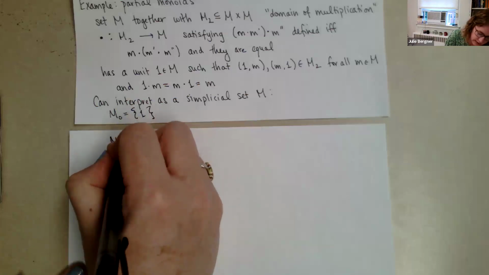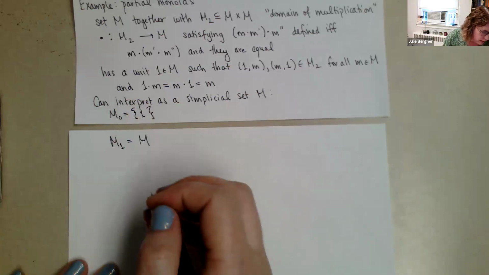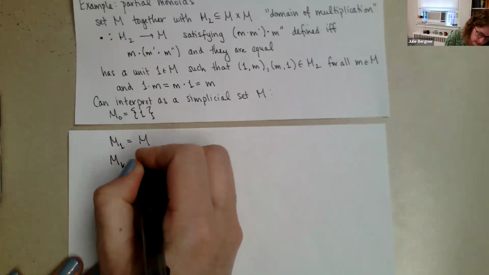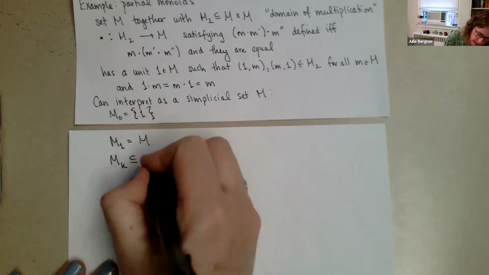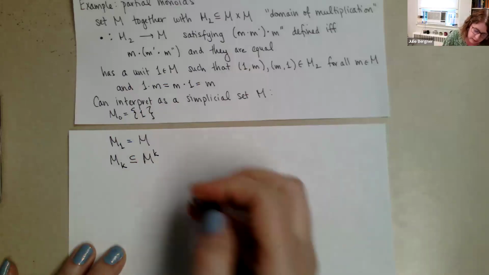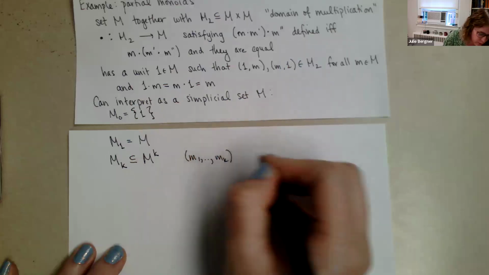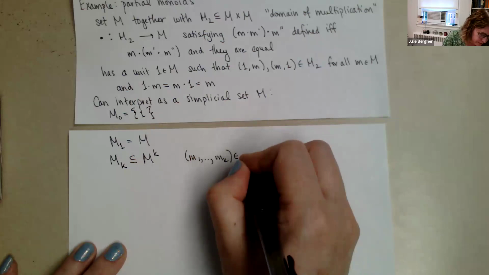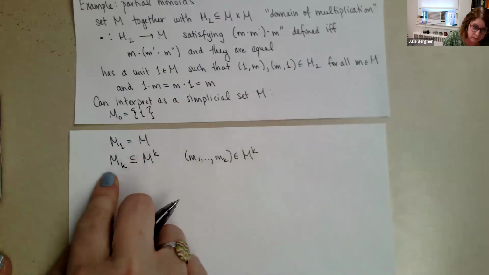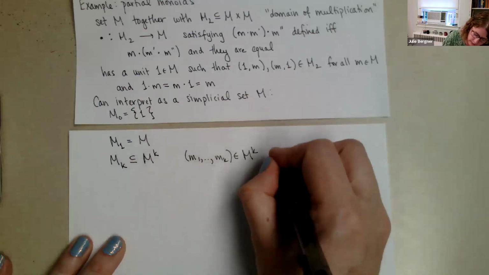M1, the set of 1 simplices, will just be M. And then for the higher Mk, these will be a subset of the k-fold product of M with itself.